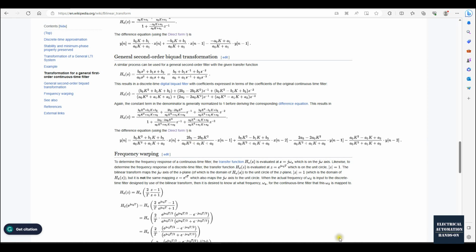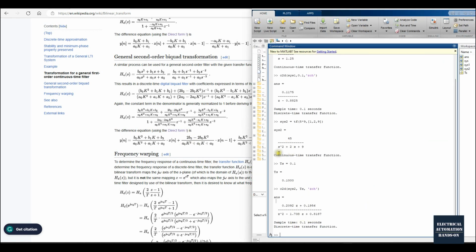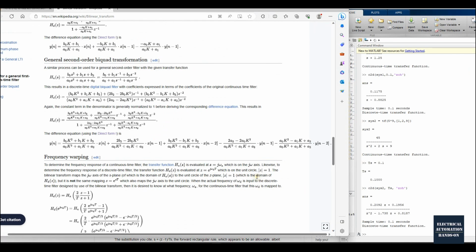This is the variable style, but with MATLAB you have to solidly define your transfer function. So this is basically two ways. In practice, I saw both ways to convert one transfer function into the Z domain, into the difference equation. And again, the Tustin transform is very important and a common way to convert one S domain transfer function into the difference equation style.